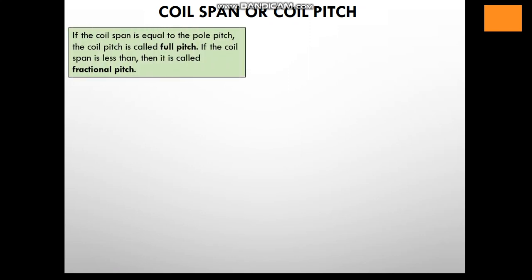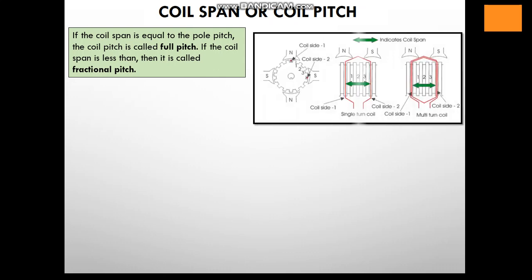The coil pitch is called full pitch if the coil span equals the pole pitch. If the coil is less than that, it is fractional. In the diagram, we have 4 poles. The coil starts at one slot and ends at the fourth slot.